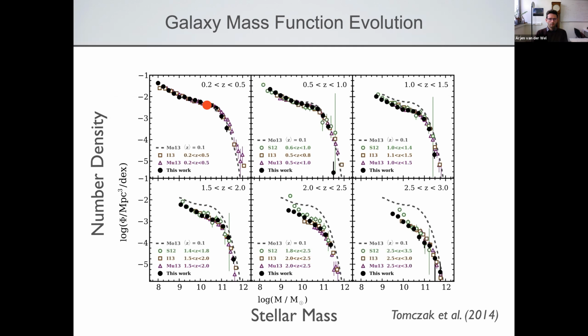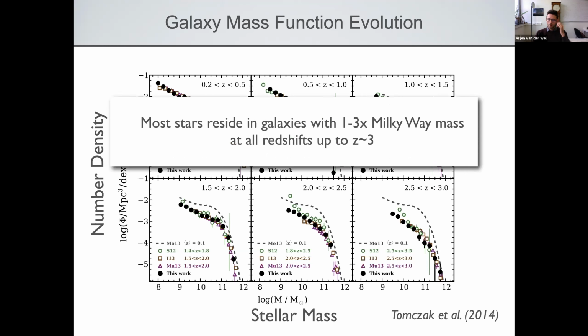If you multiply this mass function by the mass, you get the peak around L star. So most stars live in L star galaxies, and L star doesn't really move with cosmic time. So at all cosmic times, most stars reside in galaxies with Milky Way mass, or a bit more. It doesn't really change.